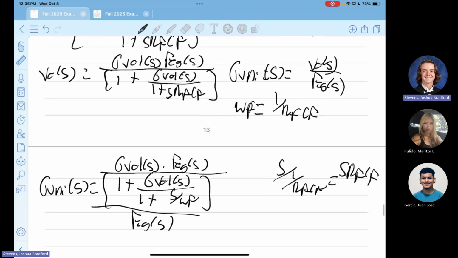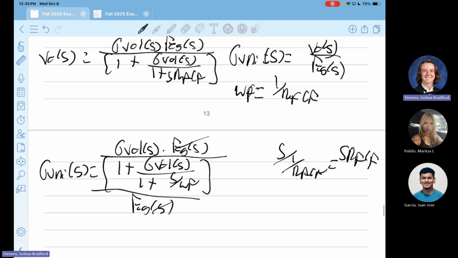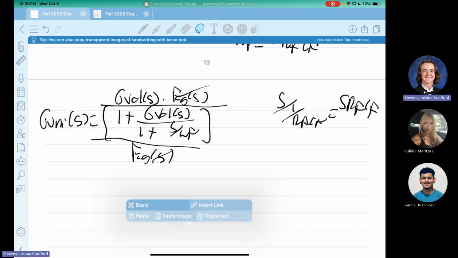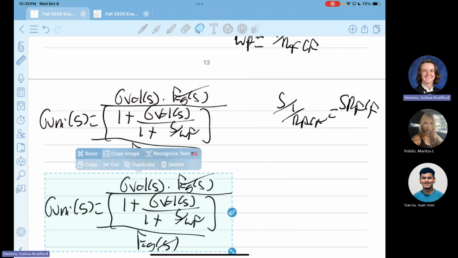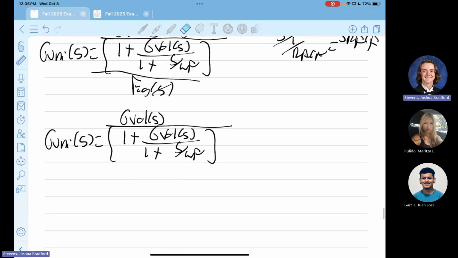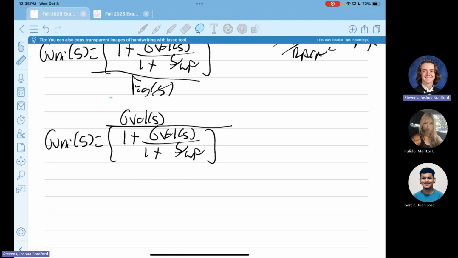What can we do? We have an EG of S on the numerator, and we have EG of S on the denominator. What can we do? Boom, cancel it out. I didn't really want to draw it. I'm sorry. Okay.